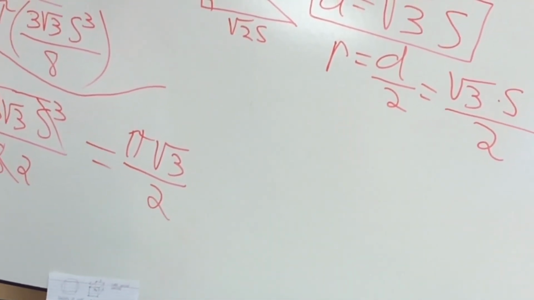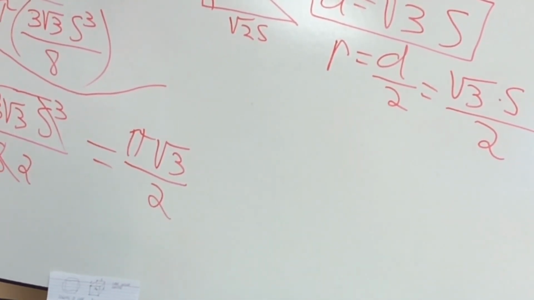We get pi times square root of 3, which is 1.732, and then divide that by 2, and I get, try that again.